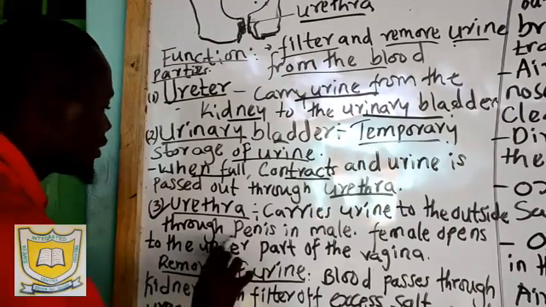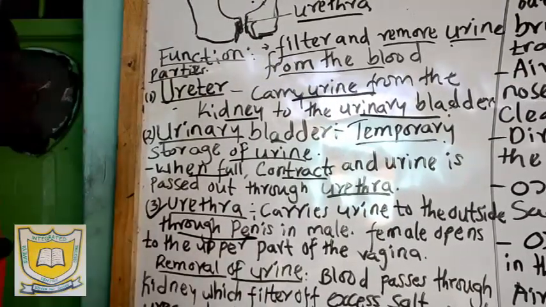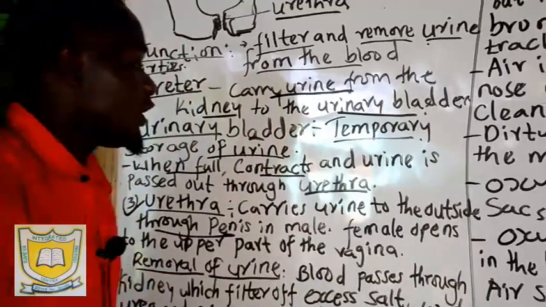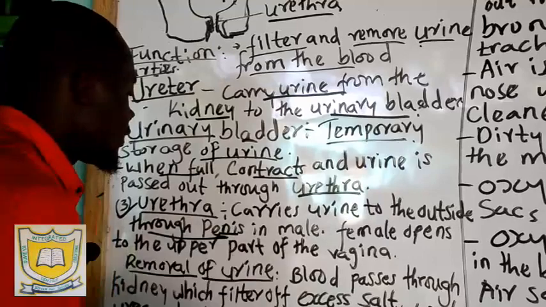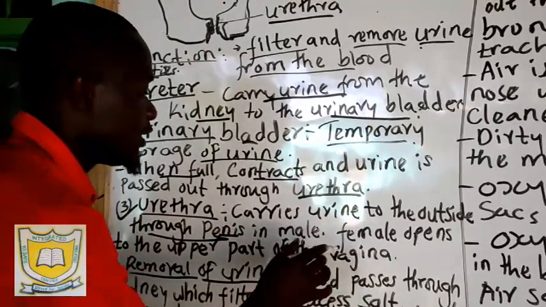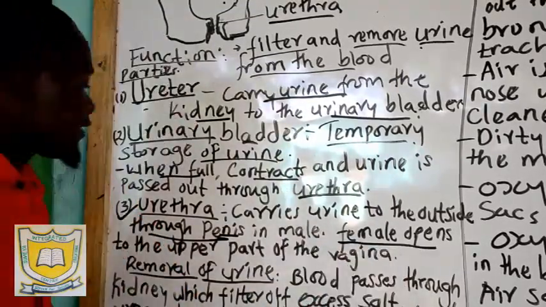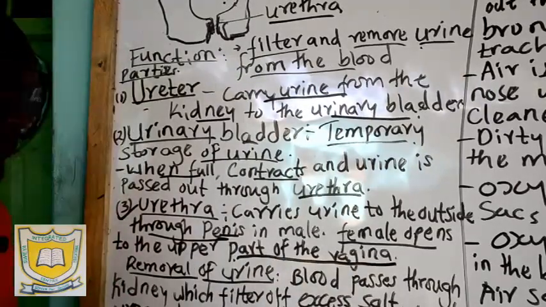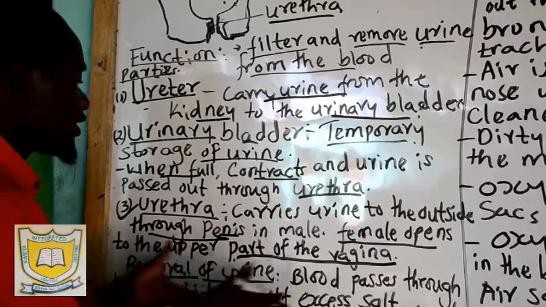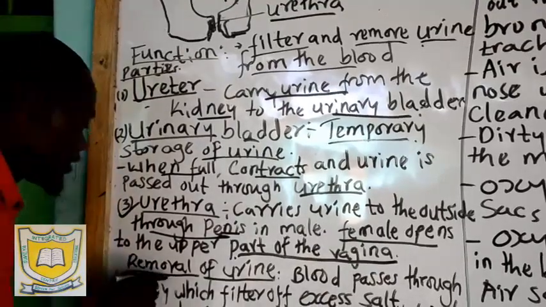It passes urine to the outside. In males, the urethra is inside the penis, and in females it is found on the upper part of the vagina.